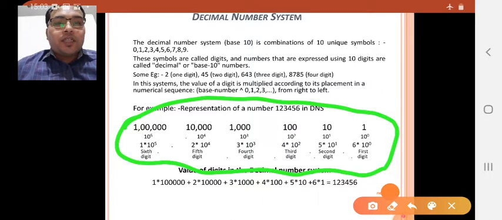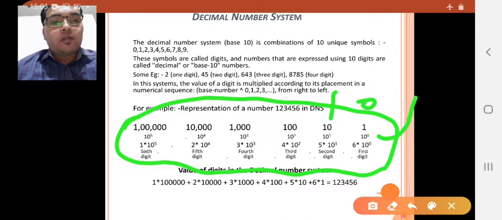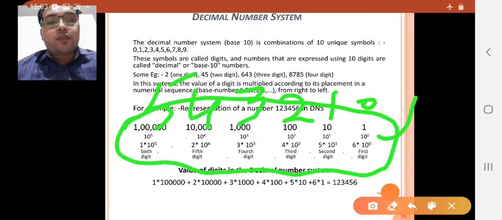If there was any problem in that one, you can go to the starting of this session to overcome that problem: how 10 to the power 5 is the sixth digit. Always the counting starts from right to left. Right means this portion. 0, this is my zeroth location, then 1, then 2, then 3, then fourth, and this one is my fifth one.